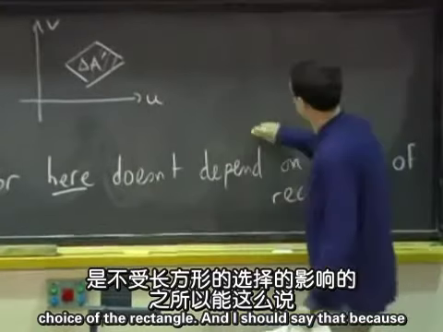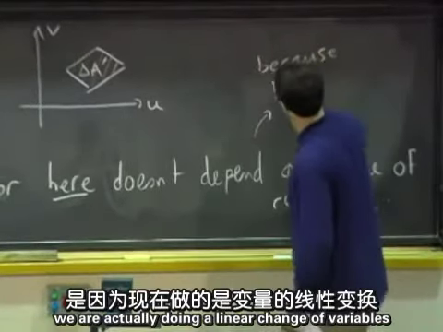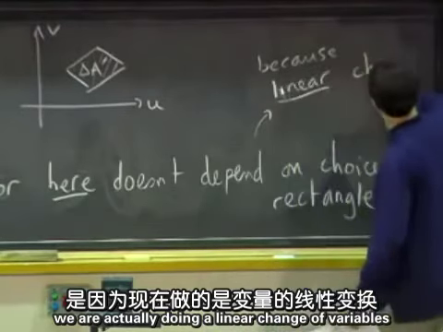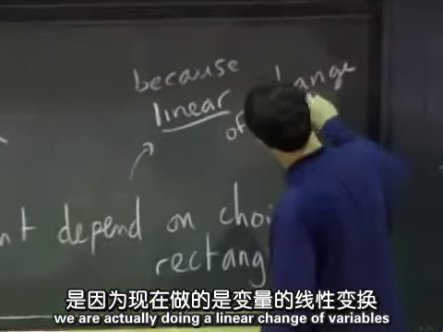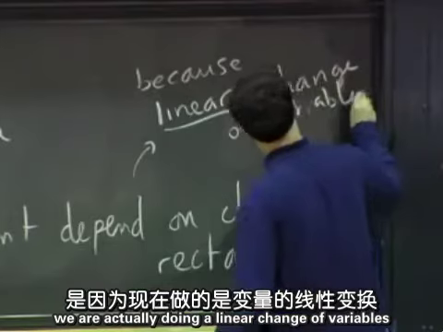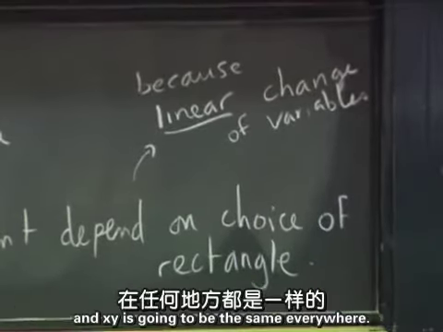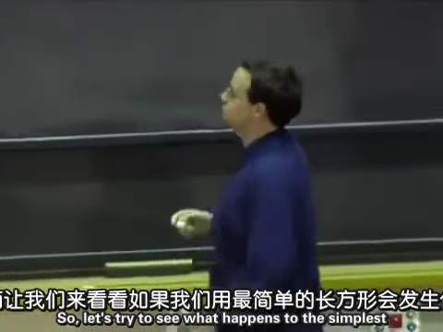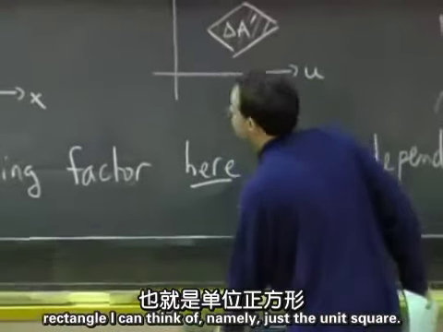And I should say that because we're actually doing a linear change of variables. So, somehow the exchange rate between uv and xy is going to be the same everywhere. So let's try to see what happens to the simplest rectangle I can think of, namely just the unit square.